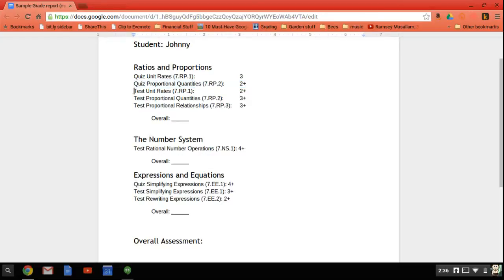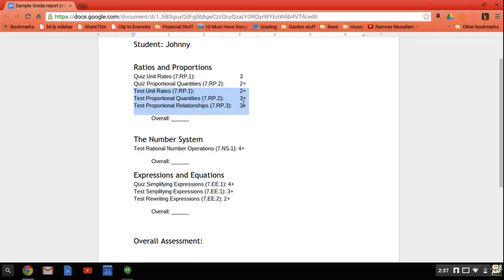If we look at his test, on all 3 of these tests that measured one of these objectives, he was highly proficient in 2 out of 3 of those, and pretty close with that 2 plus. And if we were to quote unquote average these out, then it would probably come out to be a 3 anyway.